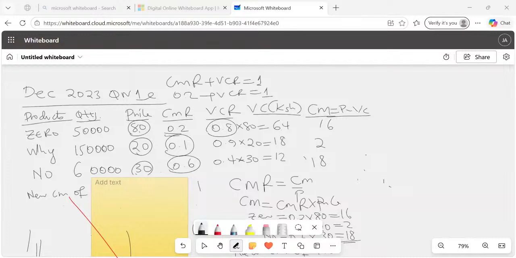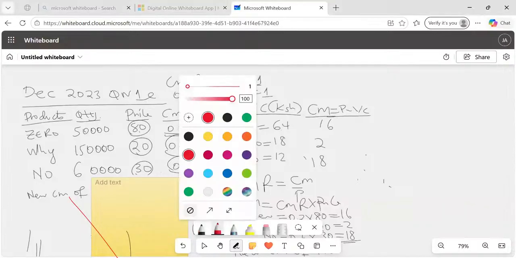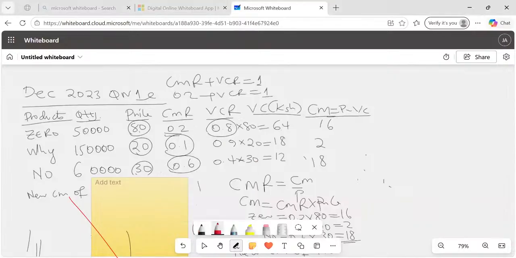Now, having gotten that, my very good students, we shall be able to come back here and get the variable cost ratio. Our variable cost ratio we already have, but how do we translate this ratio to Kenya shillings? How do we get our variable costs?